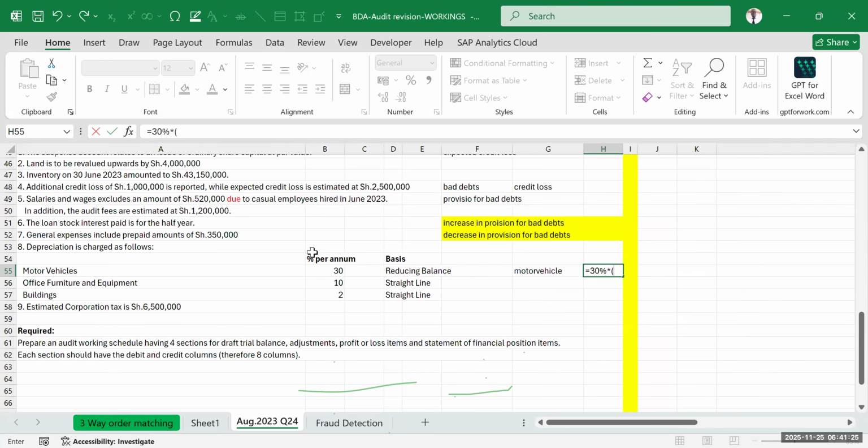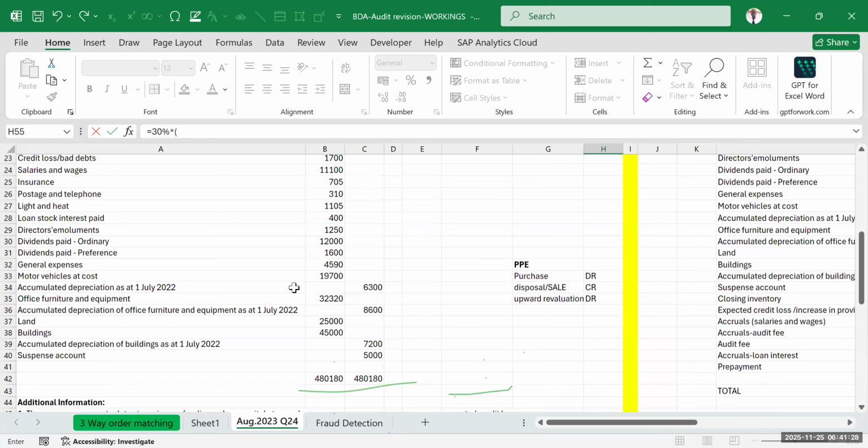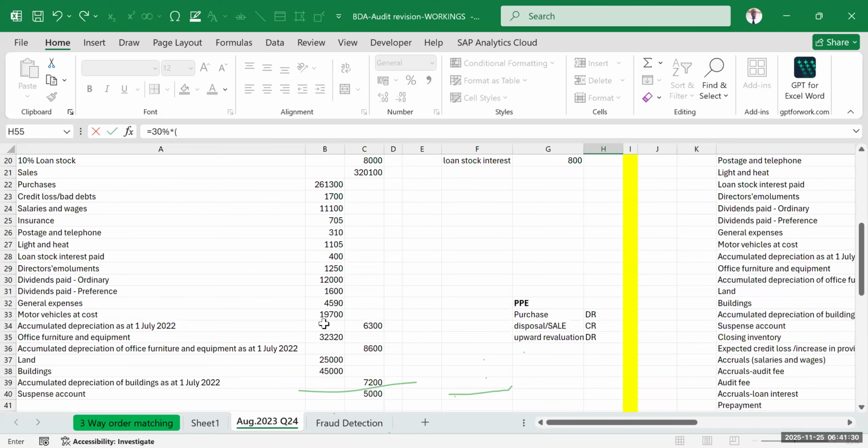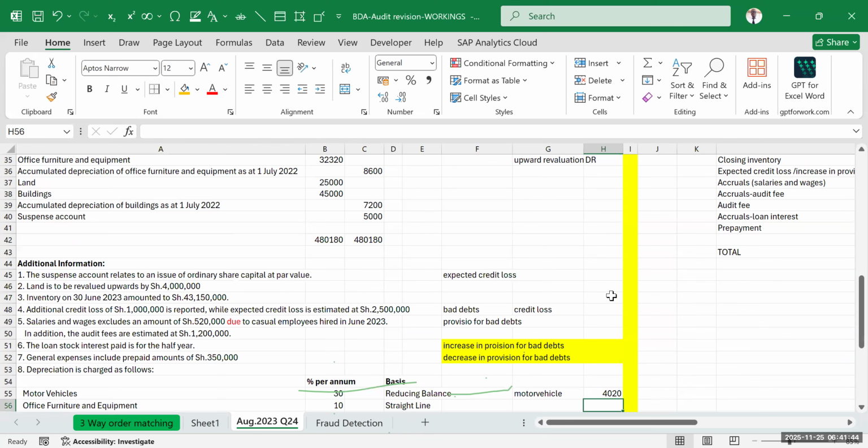What is the reduced balance? It is cost minus accumulated depreciation. Where is motor vehicle at cost? The cost is 19,700. Then we are reducing that balance by the accumulated depreciation, which is now 6,300. They gave us here. Now, that reduced balance, we are charging 30% of it, and we are getting a depreciation charge for the year of 4,020.